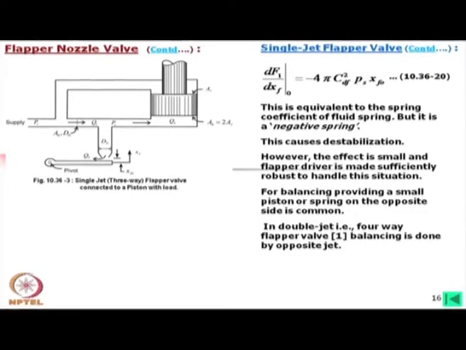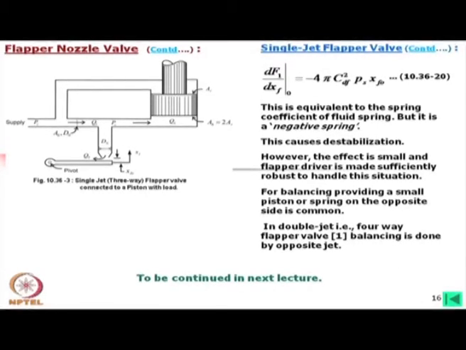In double jet 4-way flapper valve, balancing is done by the opposite jet. This means that in case of opposite jet, if there is another nozzle in the opposite direction, sometimes we do not need any spring at all, because this can be balanced by the opposite one. Okay.